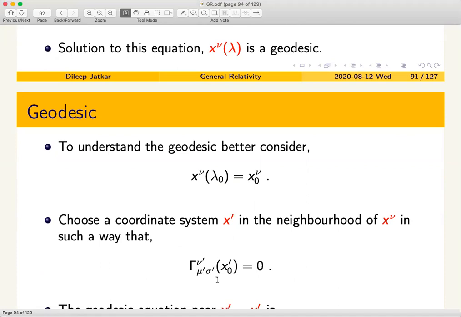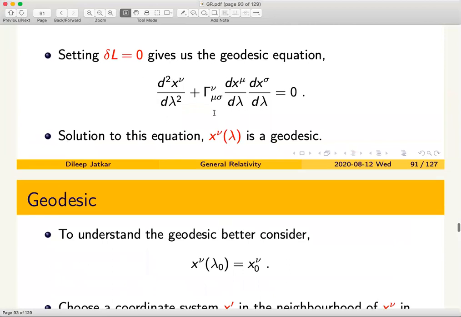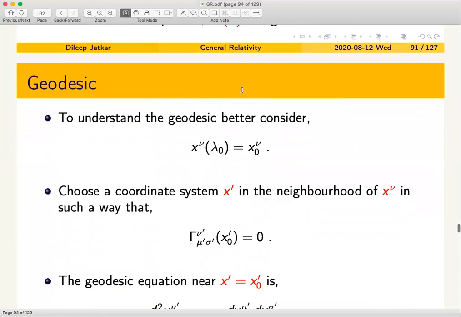Okay, so if you work in that coordinate system locally, then your geodesic equation becomes simple, because in the prime coordinate system, this second piece is not there in your geodesic equation. Okay, fine.